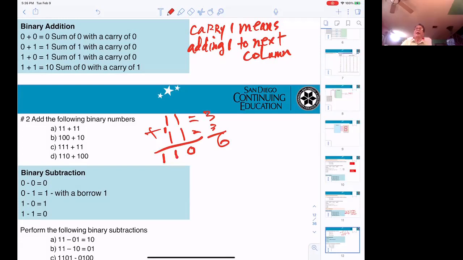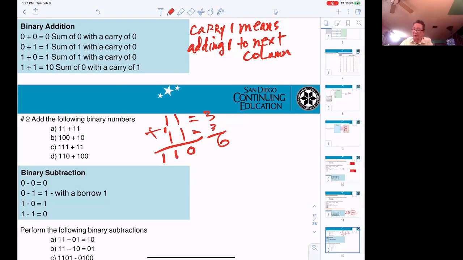That is easy, adding two numbers, except when you get a 1 adding to 1, you get a 0. However, you must carry 1. And we already said carry 1 means adding 1 to the next column.